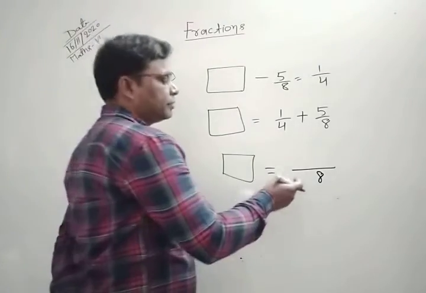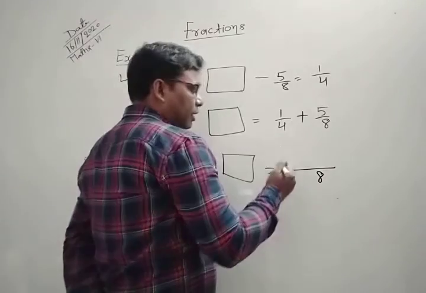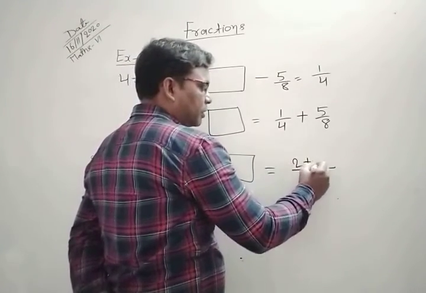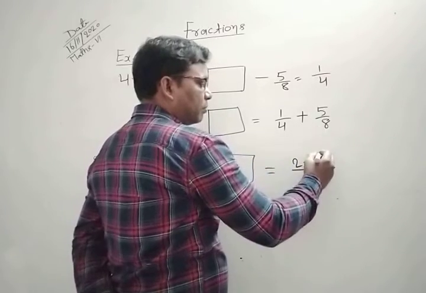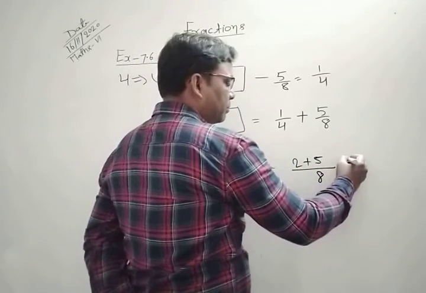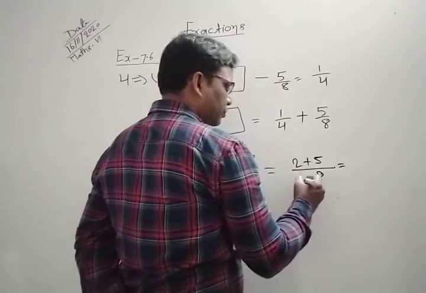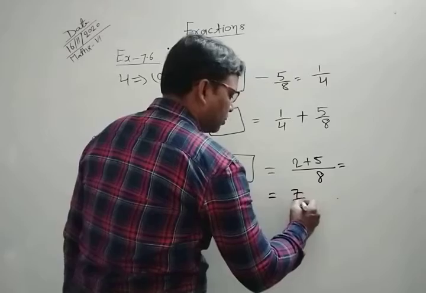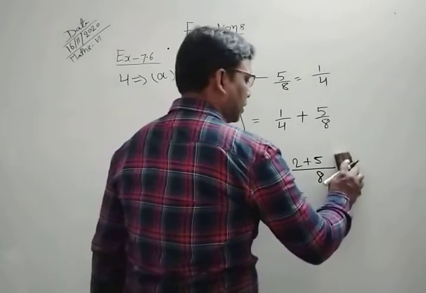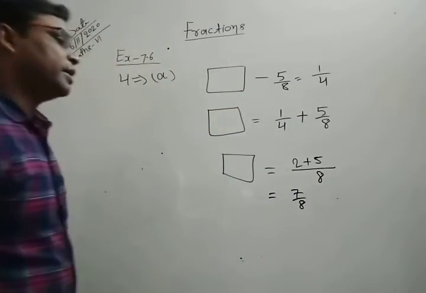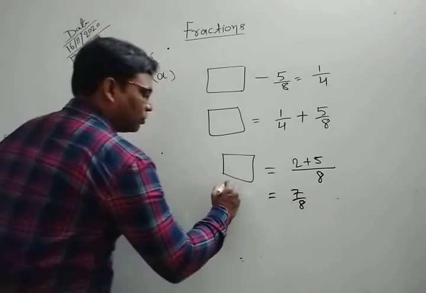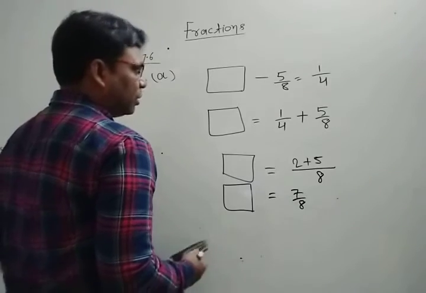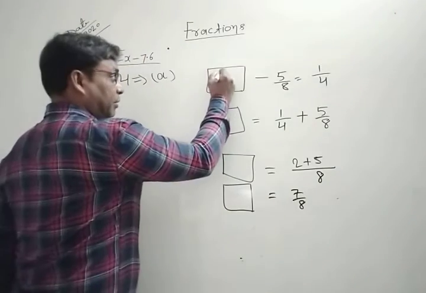So you can write 8 in the denominator. 4 into 2 is 8, so 2 into 1 is 2, plus 8 into 1 is 8, 5 into 1 is 5. It becomes 5 plus 2, which is 7 by 8. So the value of the box is 7 by 8. You can write it here, 7 by 8.